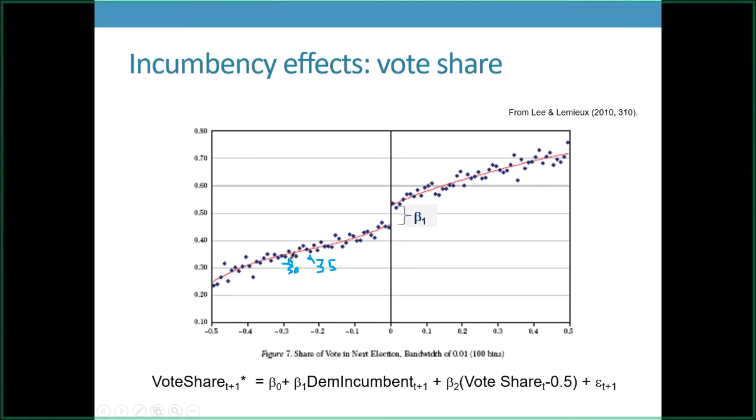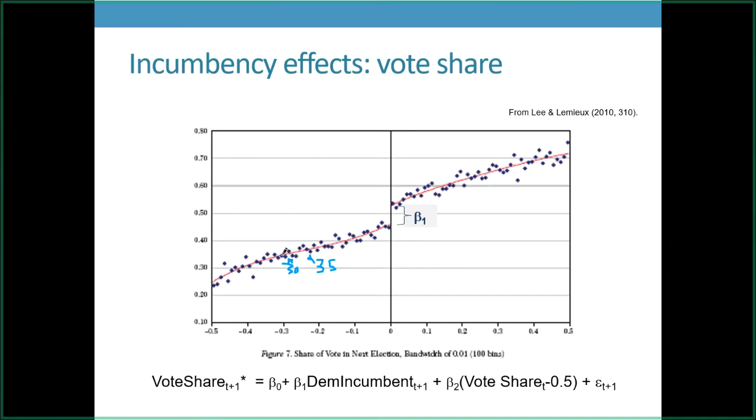Oh, that handwriting's bad. Sure enough, the person who got 35% of the vote last time is more likely to be elected on average. The slope of this line is positive, because the person who got 35% probably has more charisma, is a better fundraiser, is a slightly better politician than the person who got 30%, all these other omitted variables from the model.